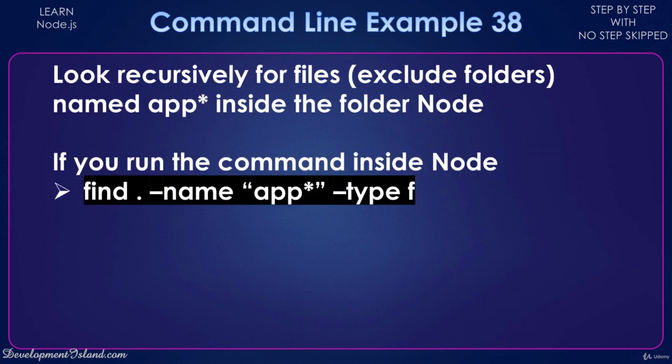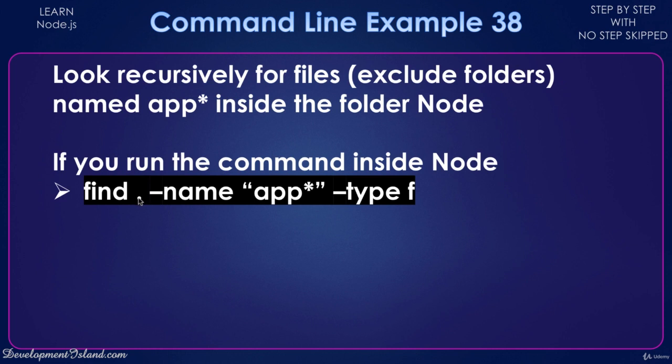Now we want to look recursively for files, only files, not folders, with a name matching a certain pattern inside our folder node. So we're going to use the find command. So if you run the command inside the folder node, then the first parameter you need to pass to the command is the location.